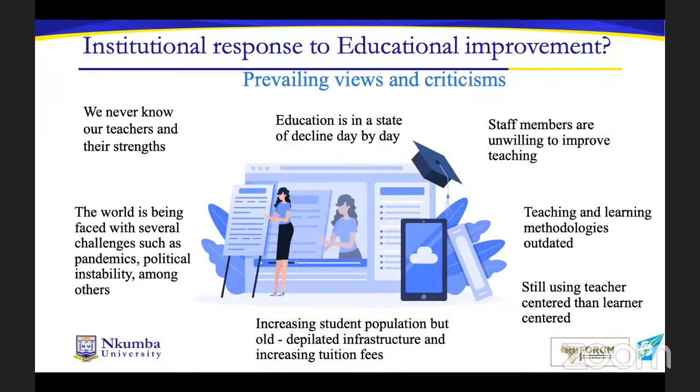Every day, people keep on telling us education in higher institutions is declining. We are seeing no more innovations coming out. What is happening? It is on a decline day by day. These are critics within institutions. We have so many staff members who are unwilling to improve in teaching because they are stuck in their memories.